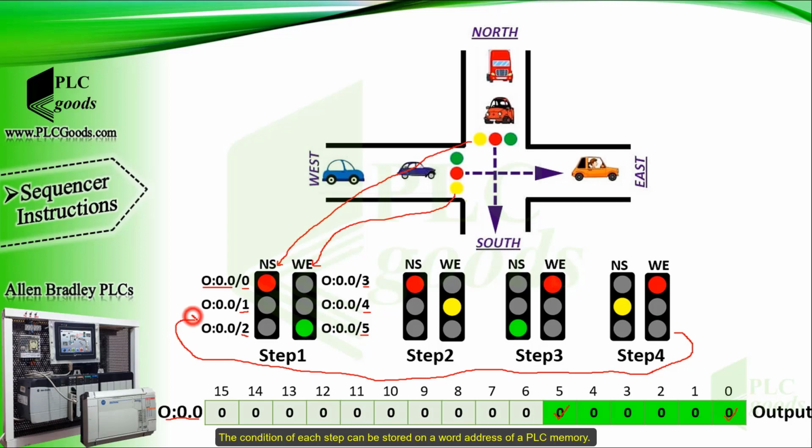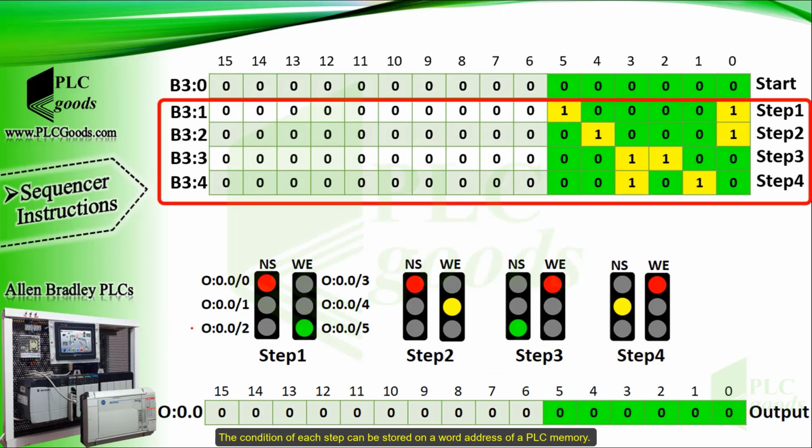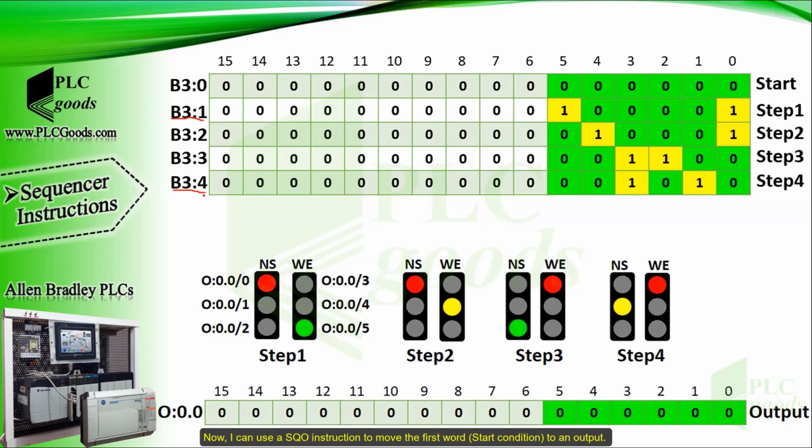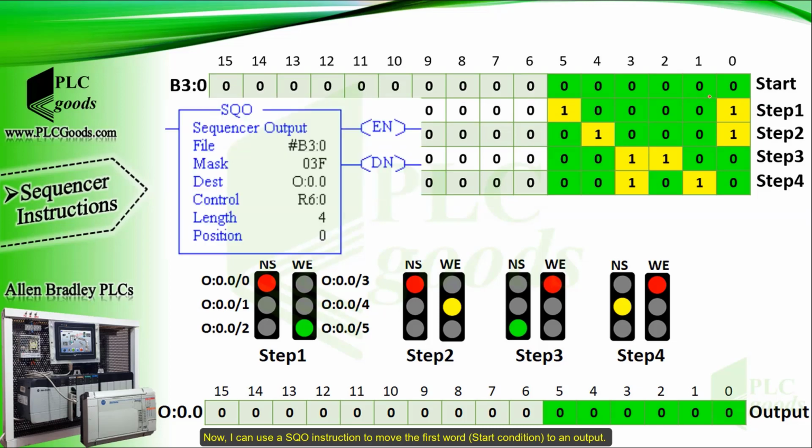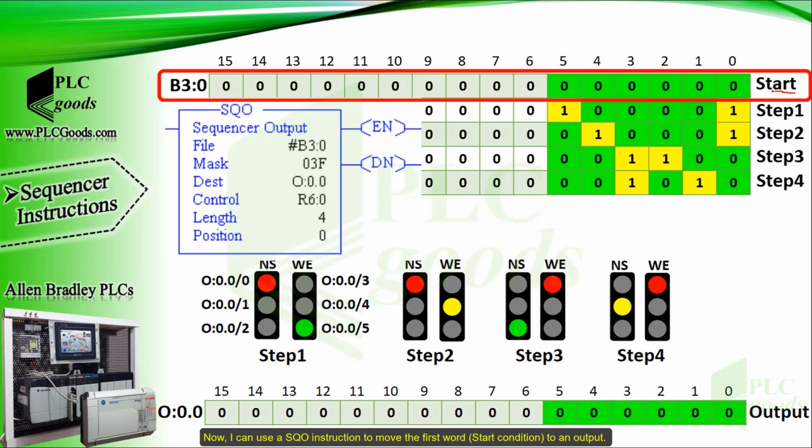The condition of each step can be stored on a word address of a PLC memory. I used 4 addresses of a binary file to store a state of 6 digital outputs of each step, words B31 to B34. Now I can use a SQO instruction to move the first word, a start condition, to an output.